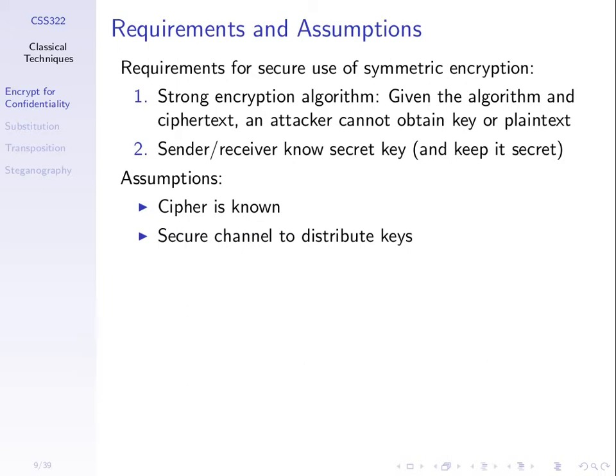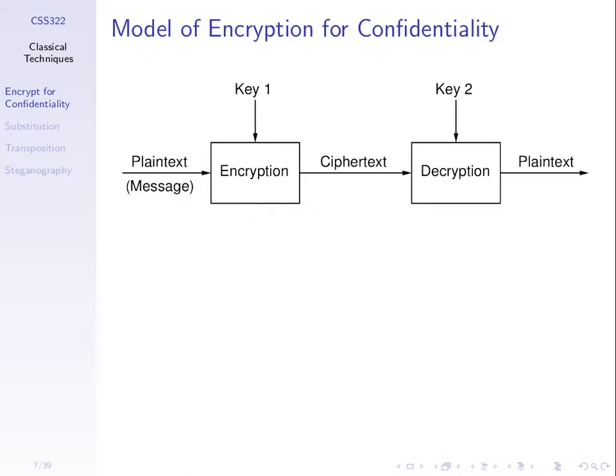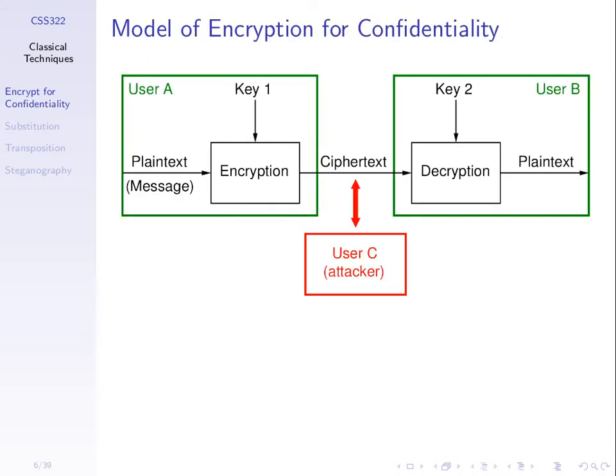The other thing is we need some way to distribute the keys between the users. I am user A. I want to use encryption to have a secure communication with the Facebook web server. We're using HTTPS to encrypt my data sent between my web browser and web server.